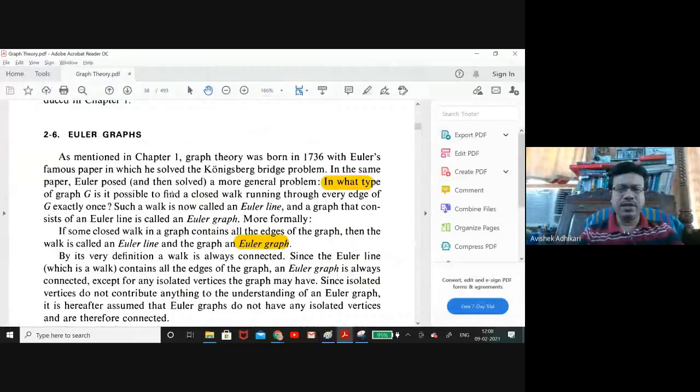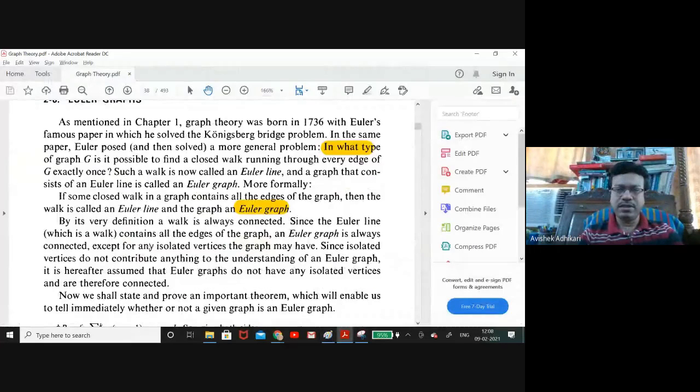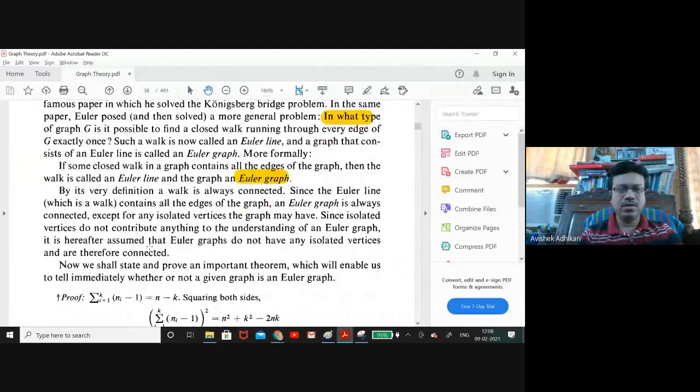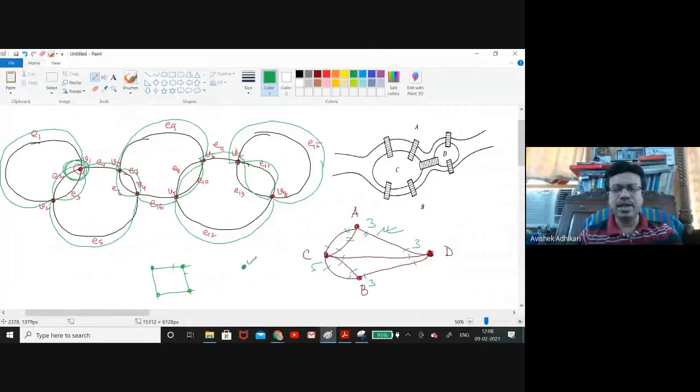By its very definition, a walk is always connected, since the Euler line, which is a walk, contains all the edges of the graph. An Eulerian graph is always connected, except for any isolated vertex the graph may have. So if a graph has only one vertex, we call it connected, and in a special form we call that vertex V the Eulerian walk or Eulerian line.